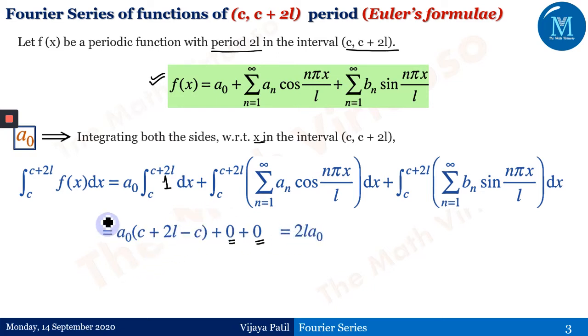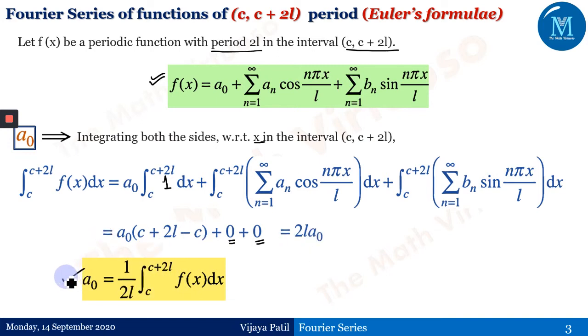So integration c to c plus 2l of f of x dx is equal to 2l a0. The 1 upon 2l goes to the other side, so a0, the first or constant coefficient of the Fourier series, is 1 upon 2l times integration c to c plus 2l of f of x dx.